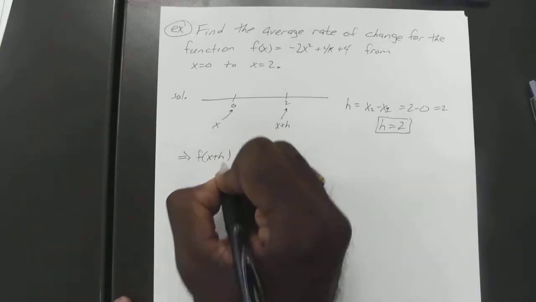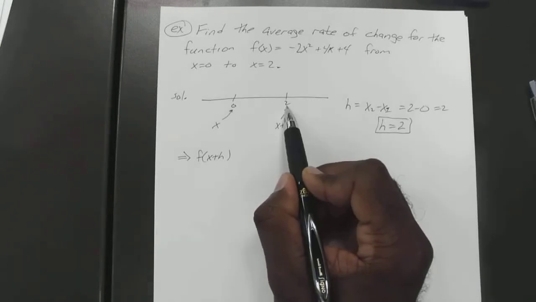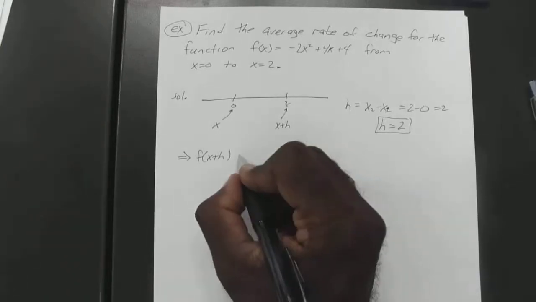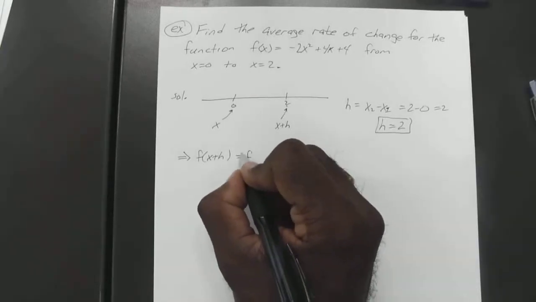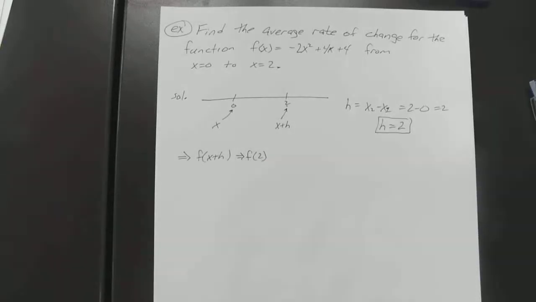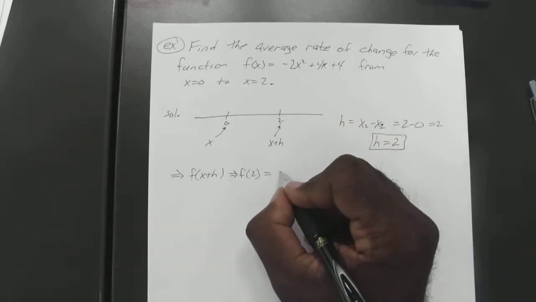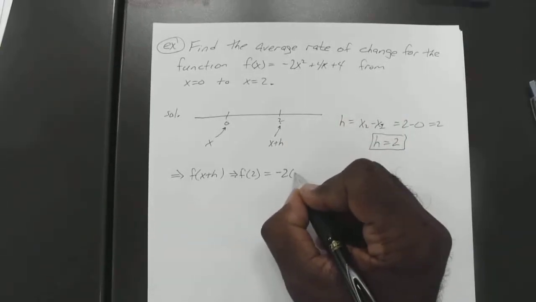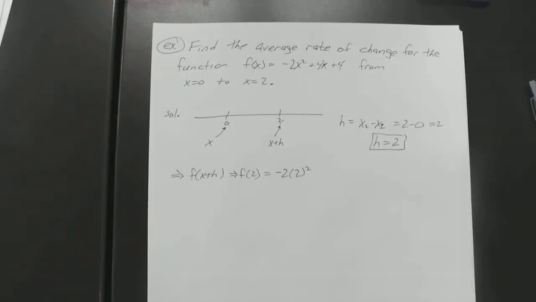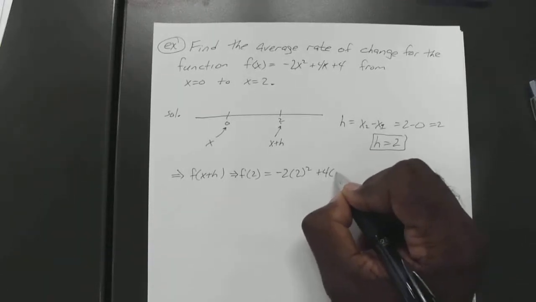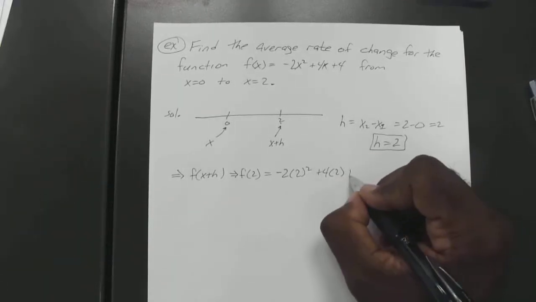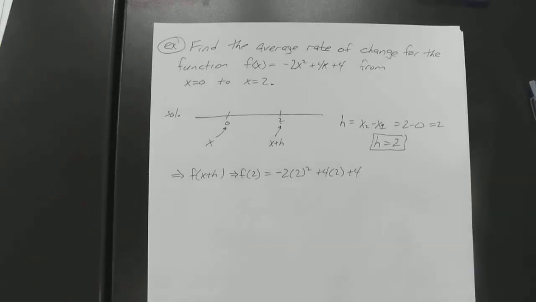All right. So f of x plus h, remember, that's just f of 2. Okay, so f of 2 is just plugging into that original function: negative 2 times 2 squared plus 4 times 2 plus 4.